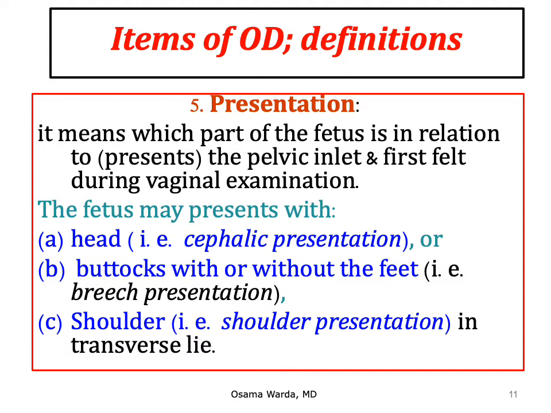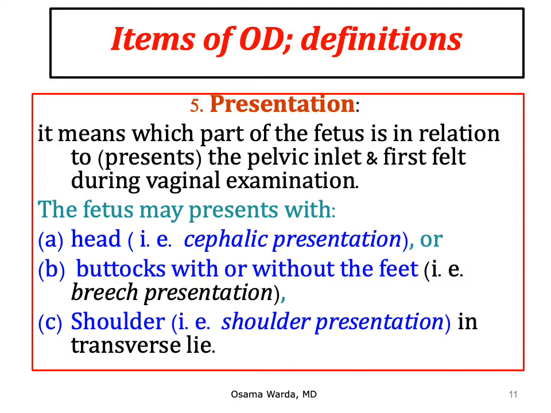The second type, when the legs are extended in front of the fetus, so the hip joints are flexed, but the knee and ankle are extended, so the presenting part is just the buttocks, so it is frank breech, and this is the most common type of breech presentation.